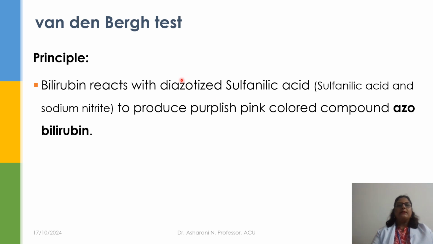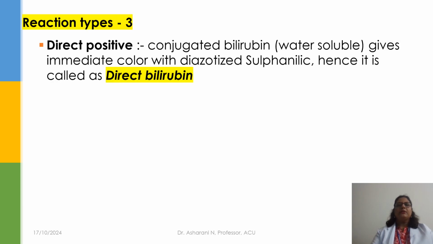Van den Bergh's test. The principle is that bilirubin reacts with diazotized sulfanilic acid to produce a purplish pink colored compound called azobilirubin. This reaction can be direct positive, that means the color formed is immediate. Conjugated bilirubin, as it is water soluble, gives immediate color with diazotized sulfanilic acid.